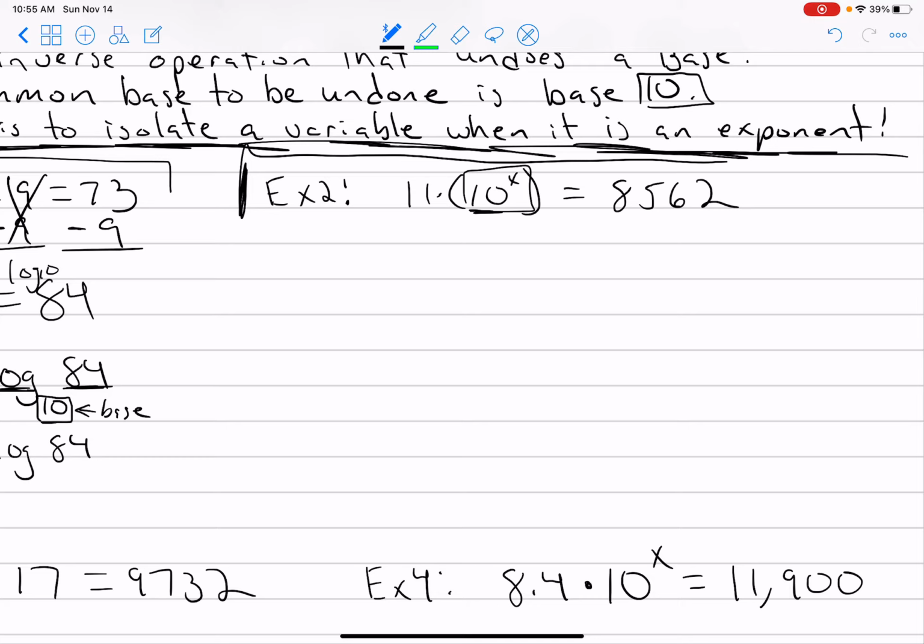So to get rid of that, I'm going to divide by 11 on this side and divide by 11 on this side. These cancel. So I'm going to end up with 10 to the x power equals whatever 8,562 divided by 11 is.